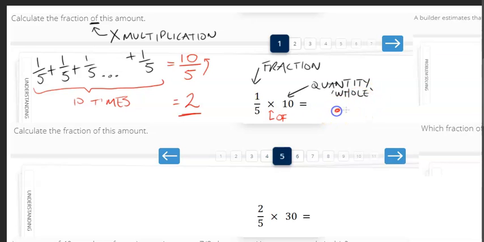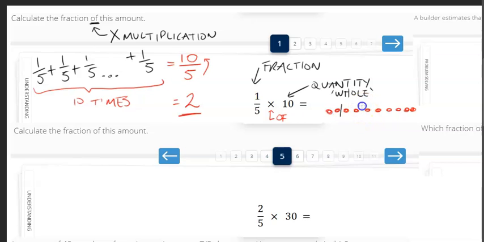If we were to grab 10 of a certain item, let's go 8, 9, and 1 in front here, 10. We have 10, say, footballs, and they look like footballs. And we're going to find 1/5 of that amount. In order for us to do that, we have to split the 10 footballs into fifths.